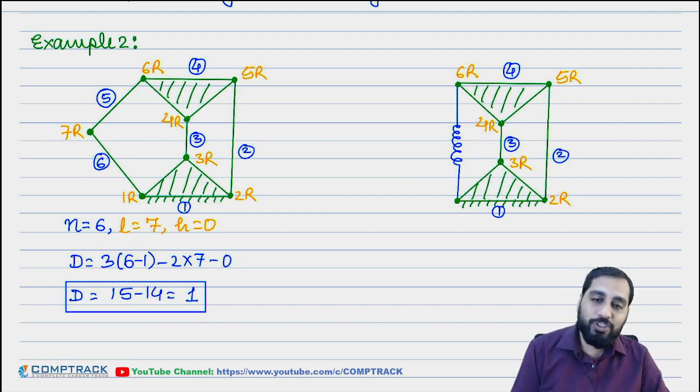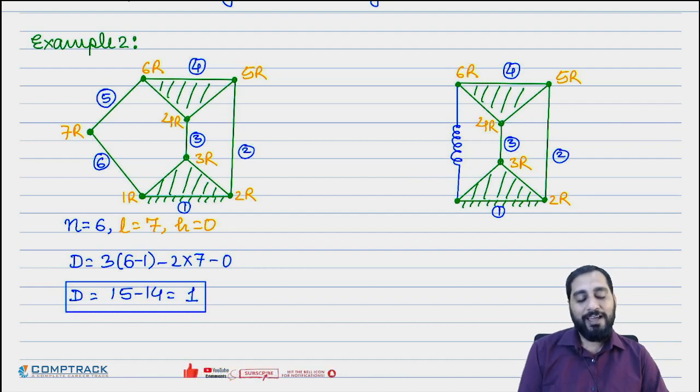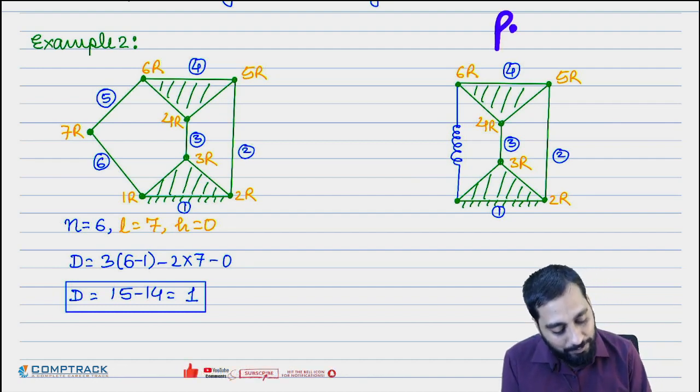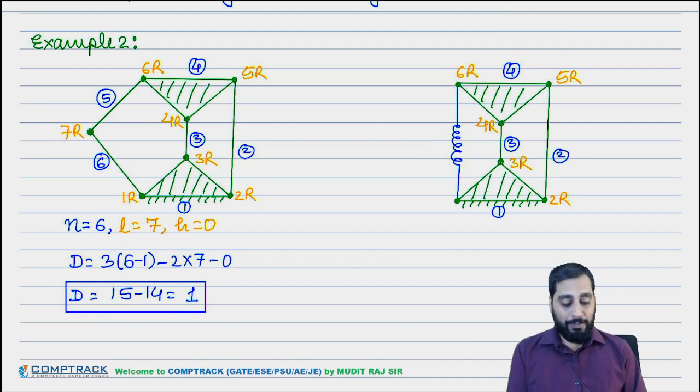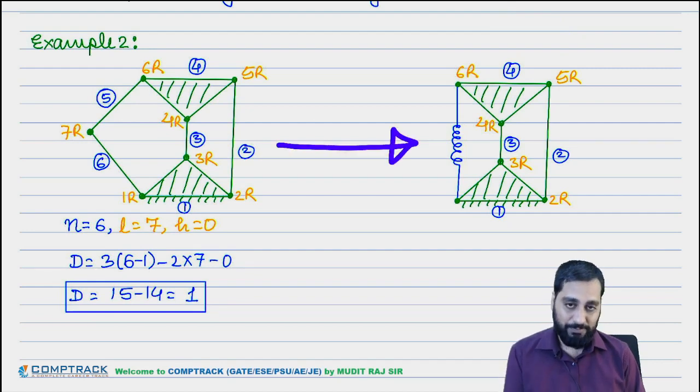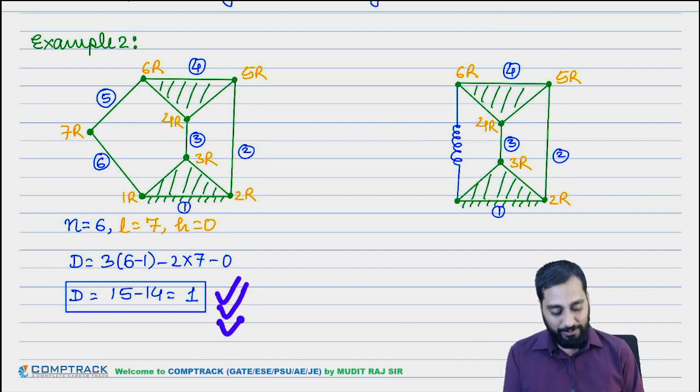So no theory is there for the spring. बात समझ आई? Got the point or not? अगर आपको ये प्रॉब्लम they will give you in exam, first you will convert into this, then you can find the degree of freedom, because this is the equivalent mechanism, so the degree of freedom will remain same.